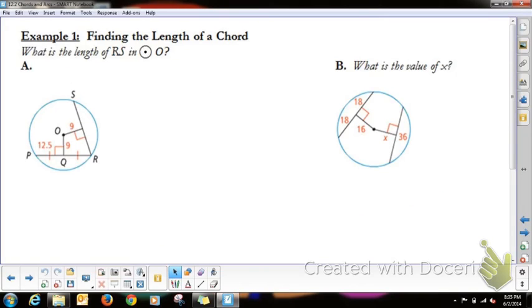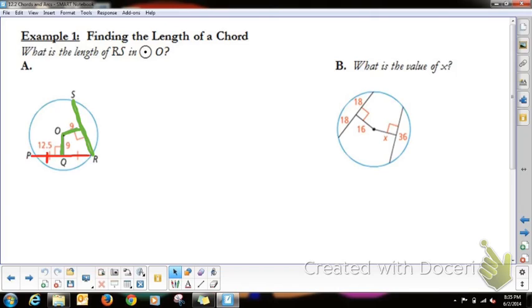So finding the length of a chord. What is the length of RS in circle O? RS is this chord here. Because OQ is 9 and this segment is 9 and they're both perpendicular, then you know that RS is congruent to RP.